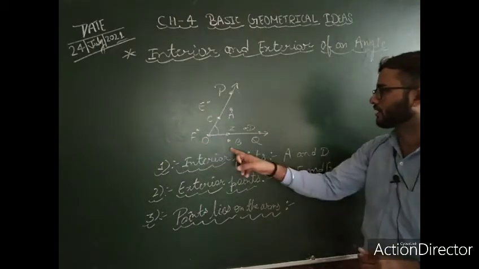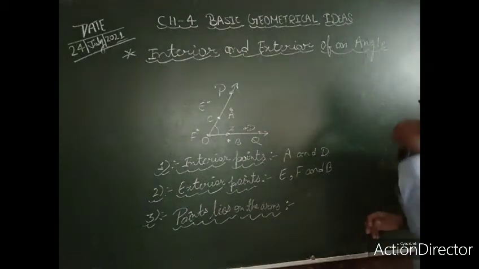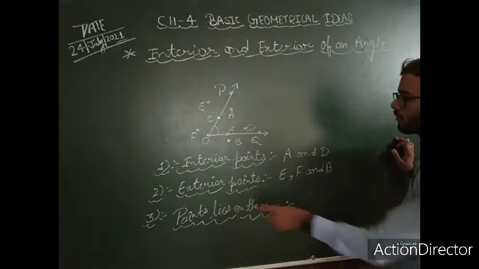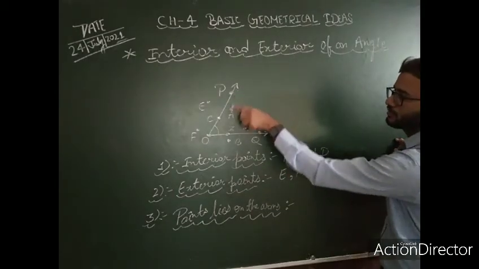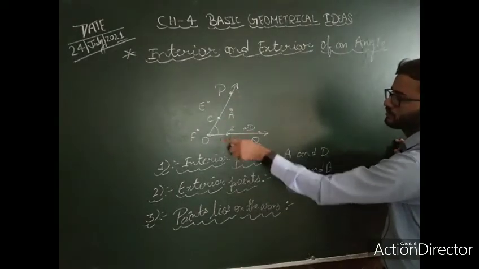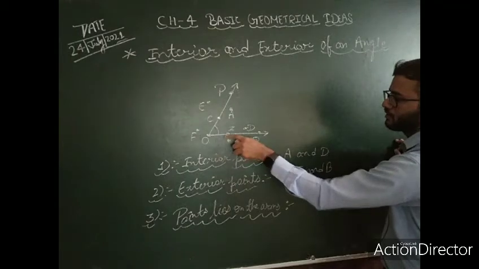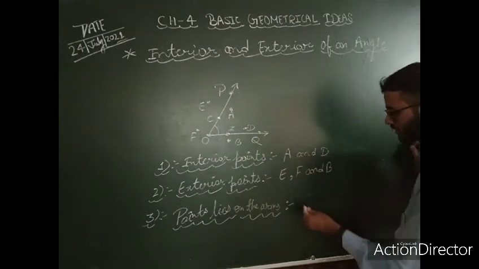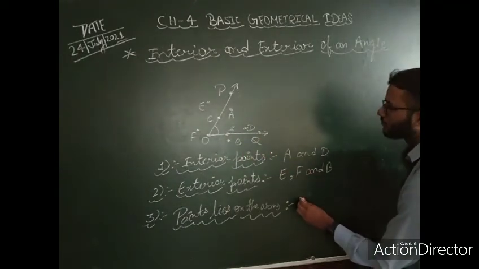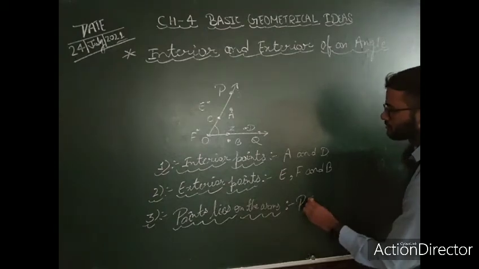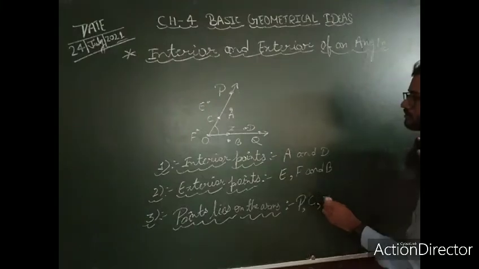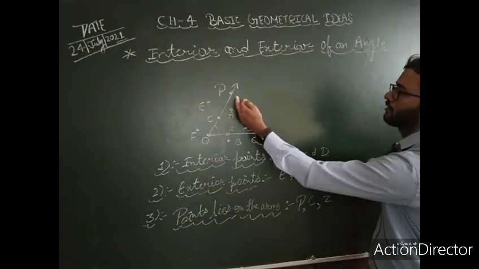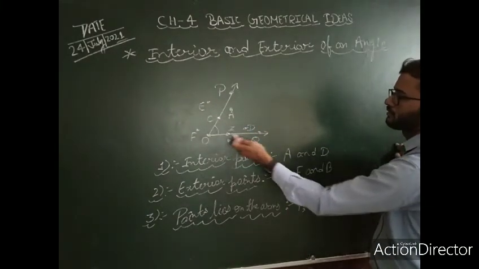Now points that lie on the arms. So point P lies on this arm, C lies on this arm, Z lies on this arm, and Q, right? So here we write P, C, Z and Q.